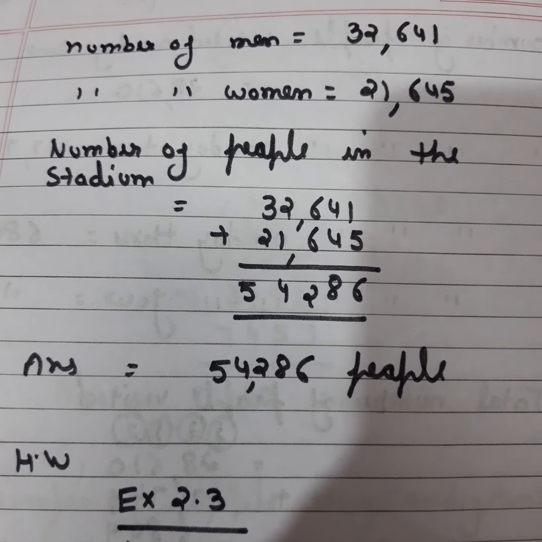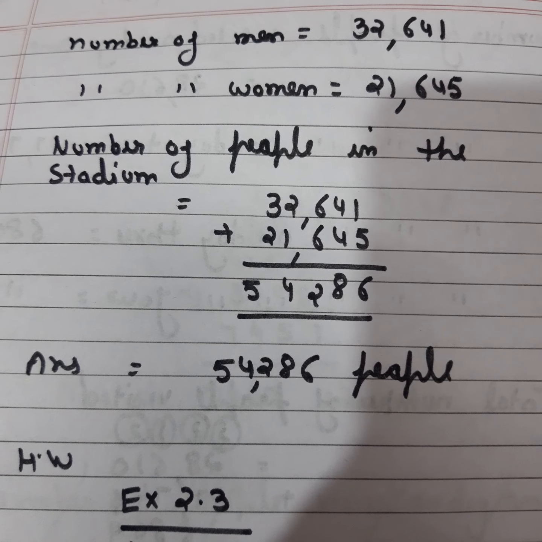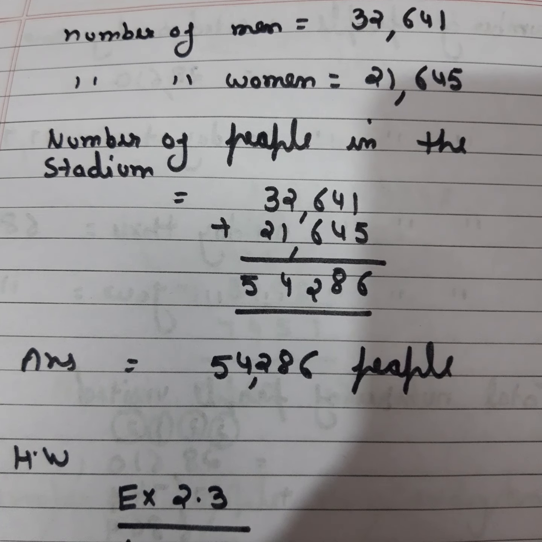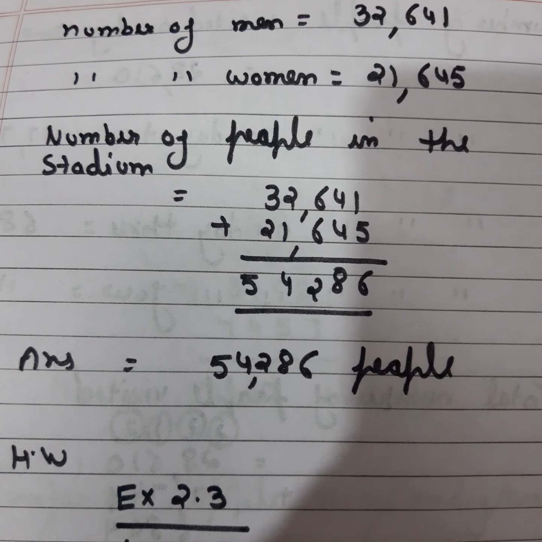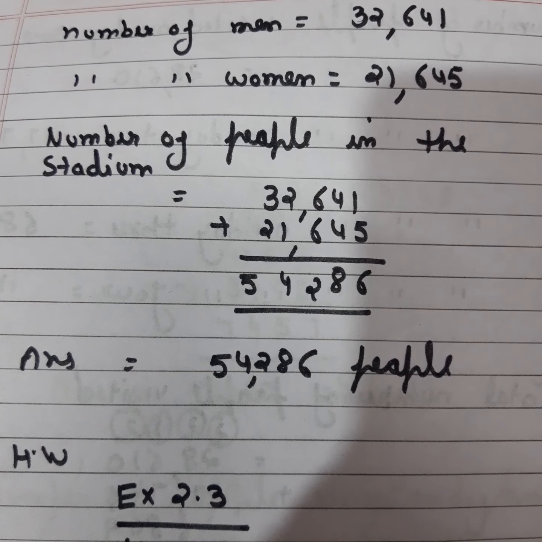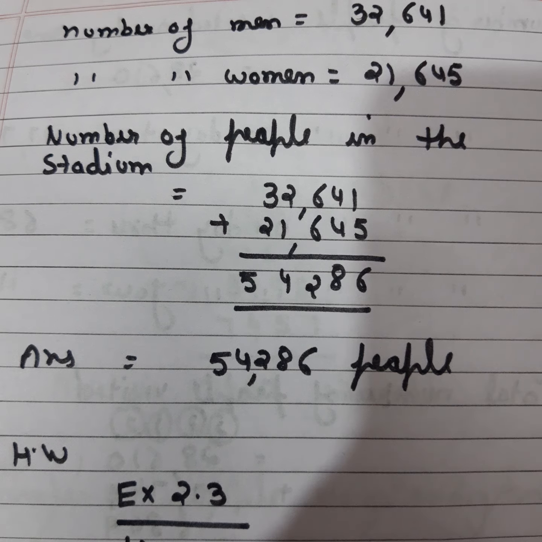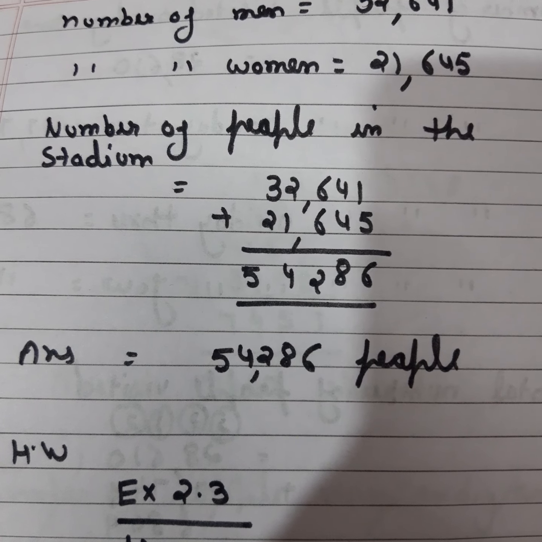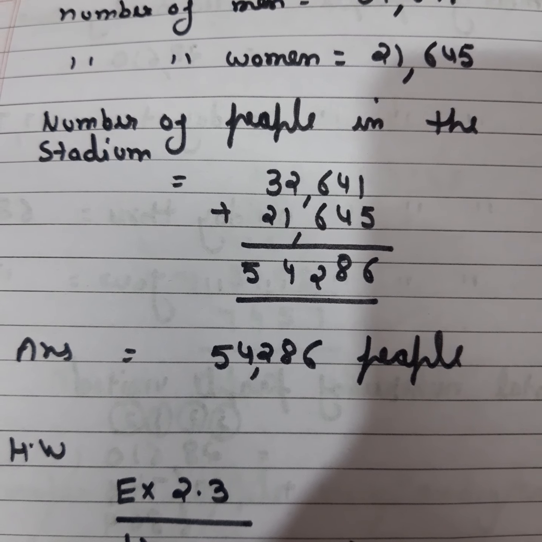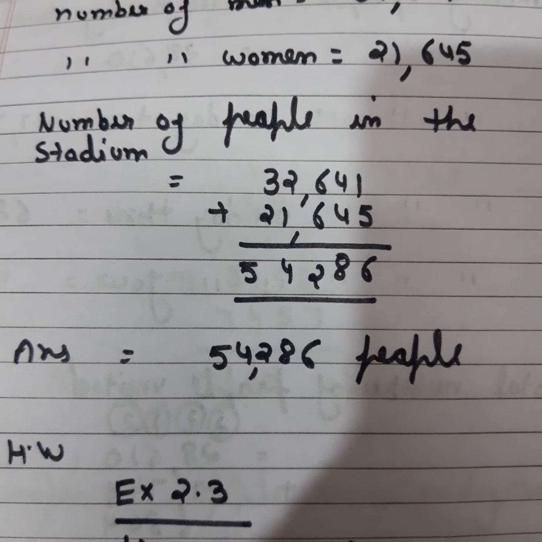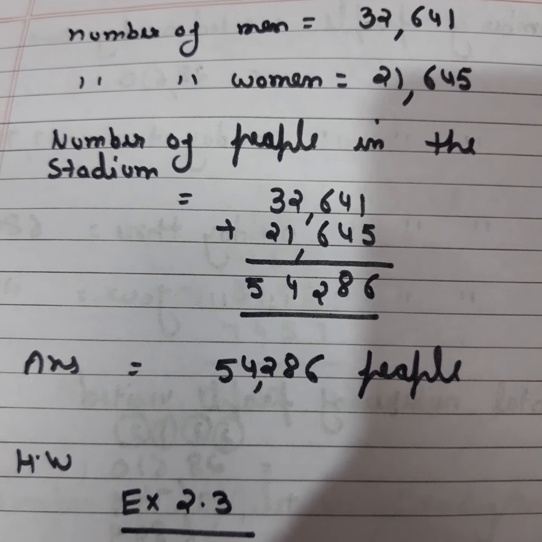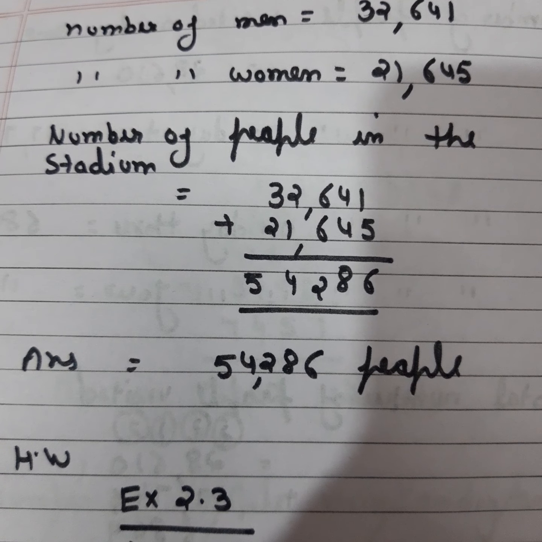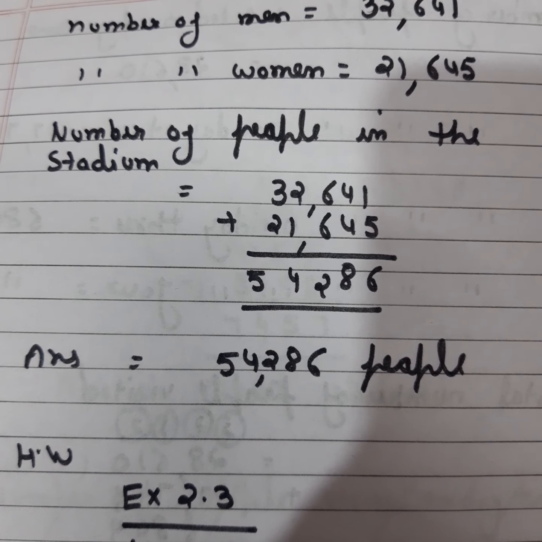The number of men at present in the stadium is 32,641. The number of women at present is 21,645. And the question is to find the number of people in the stadium right now.